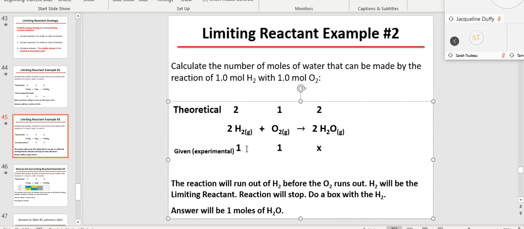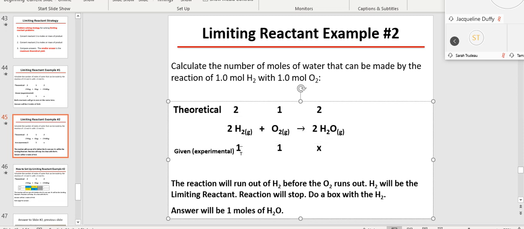Okay, and so what we're going to do is you do a box, and I'll show you the methodology here. You do a box: 1, 2, 2, X. Because this one is the limiting reactant, that is the information you use.